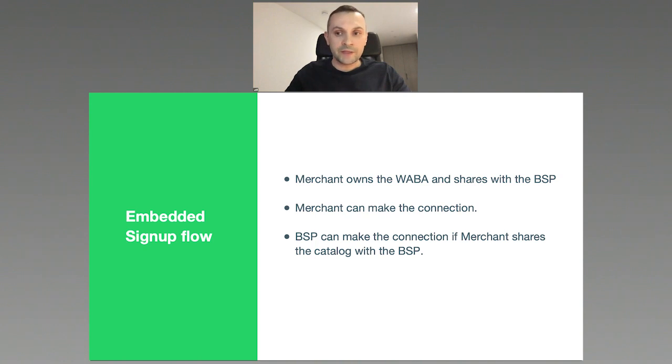Merchant is able to make that connection because merchant is able to manage all of their assets under their business manager. But BSP can make that connection as well if merchant shares the catalog with BSP. So basically, by that, I want to say BSP and merchant have to understand who is responsible for maintaining the catalog and find out the easiest way for their case.